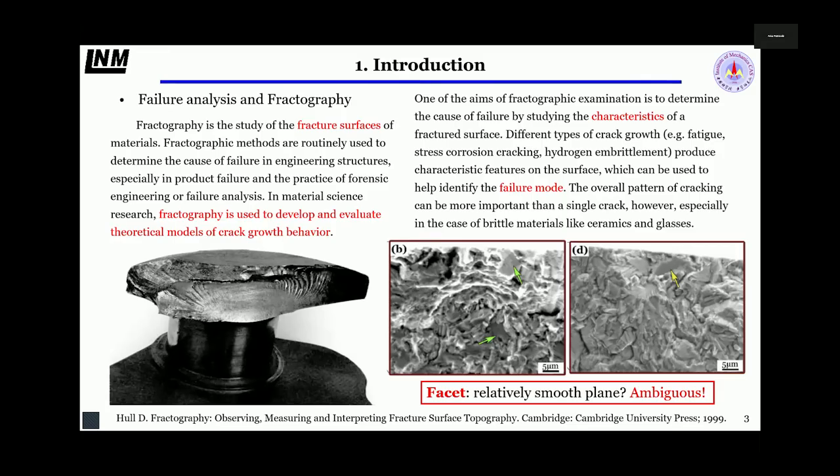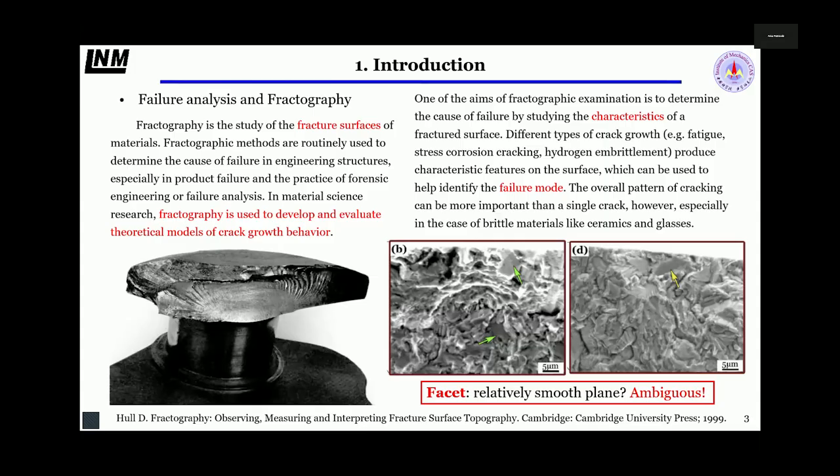The other aim is to summarize the typical features, like the facet, the topic of facet. What is the facet? Exactly, facet is a very ambiguous notion. These two figures show the fracture surface in titanium alloy with bimodal microstructure.